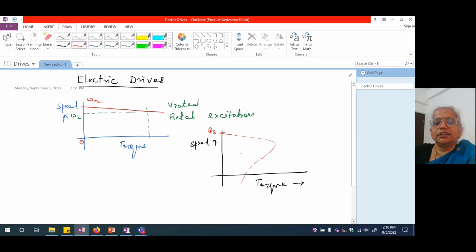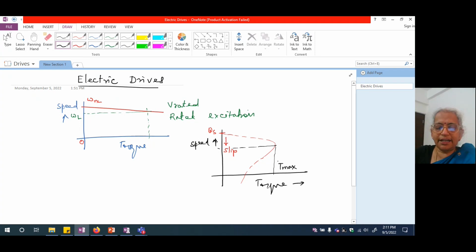As the slip increases, the speed is decreasing. As the slip is increasing, the torque increases. But once the torque reaches maximum torque, we are not going to have any further increase in the torque, even if the slip is increasing. So these are natural characteristics of the motor.